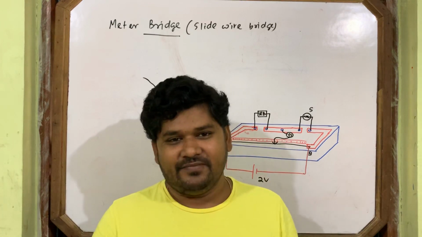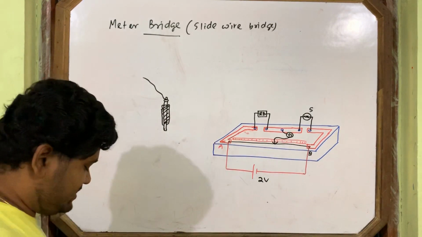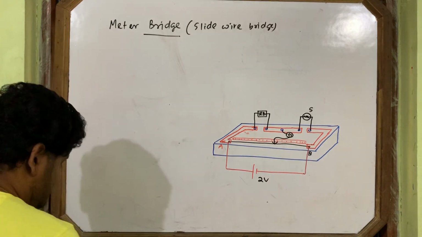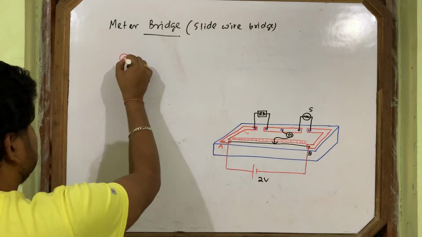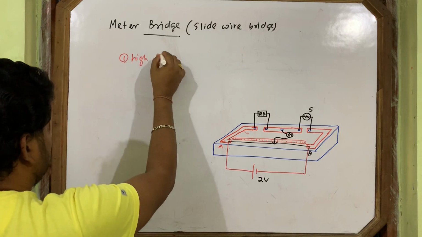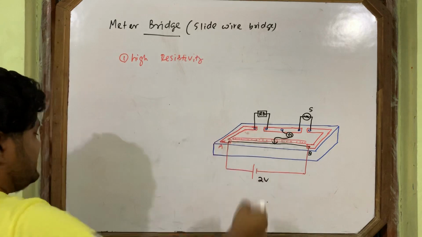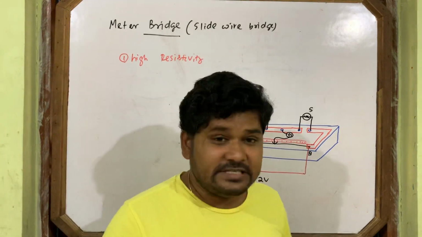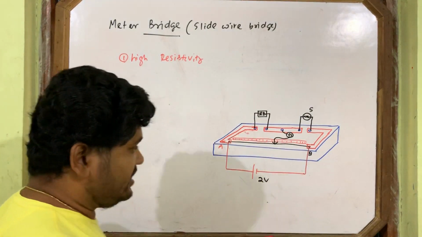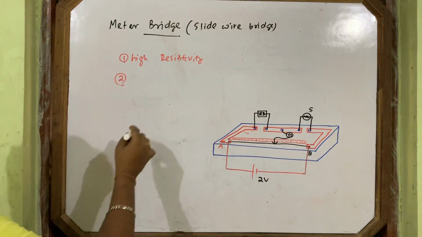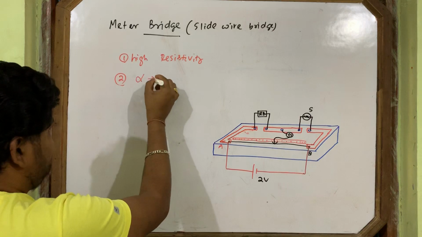Two reasons. First is high resistivity. It has high resistivity, meaning high resistance. This is a resistive wire, not like a conductor, but it has high resistance. Number two, very important: alpha tends to 0.